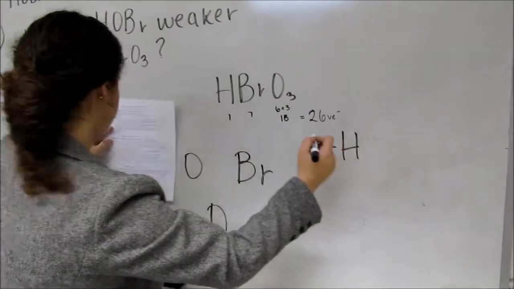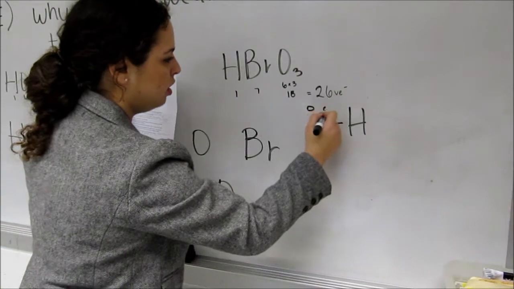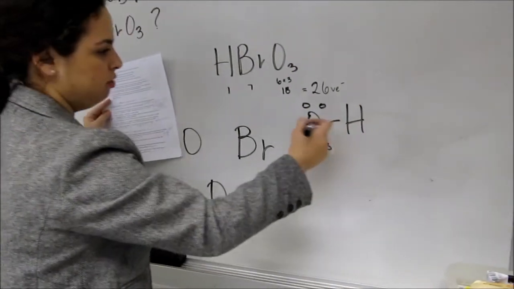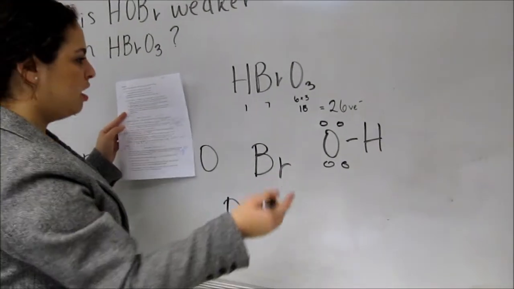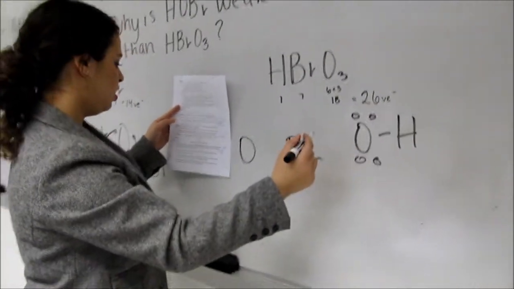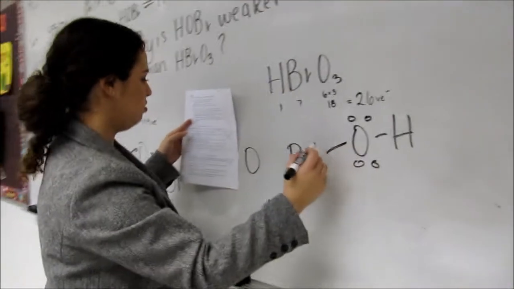And so since the O and the H bond together, it makes the hydroxide, and that makes this a stronger acid because it balances everything else.